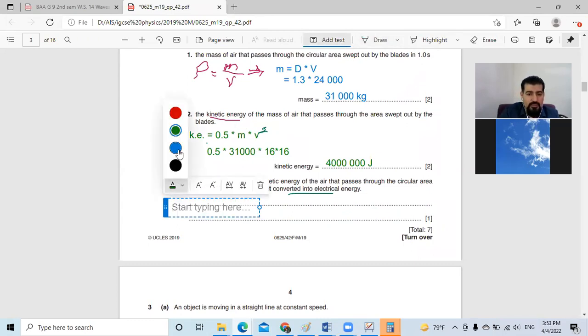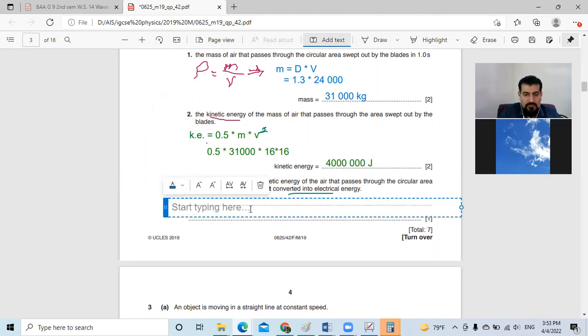So what I'm going to write here, I'll say that not all the air hit the plates, and they didn't stop, and still have what?